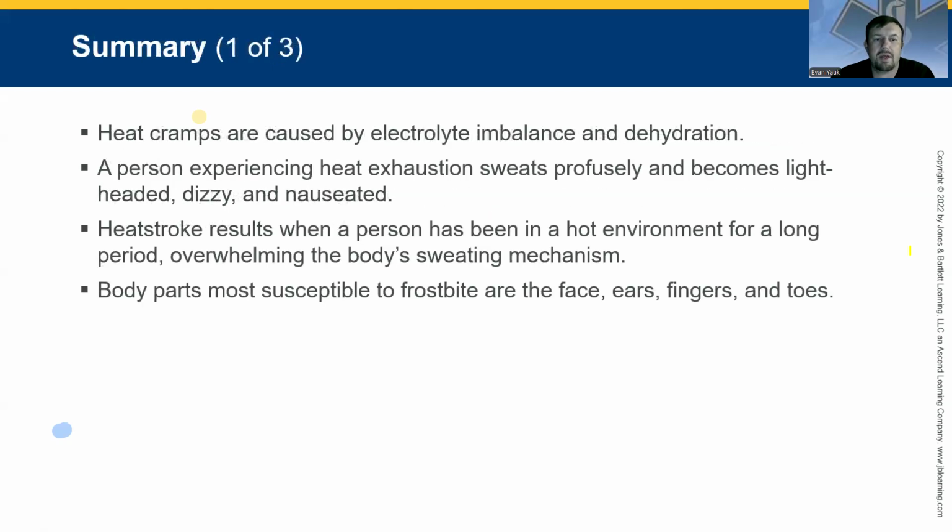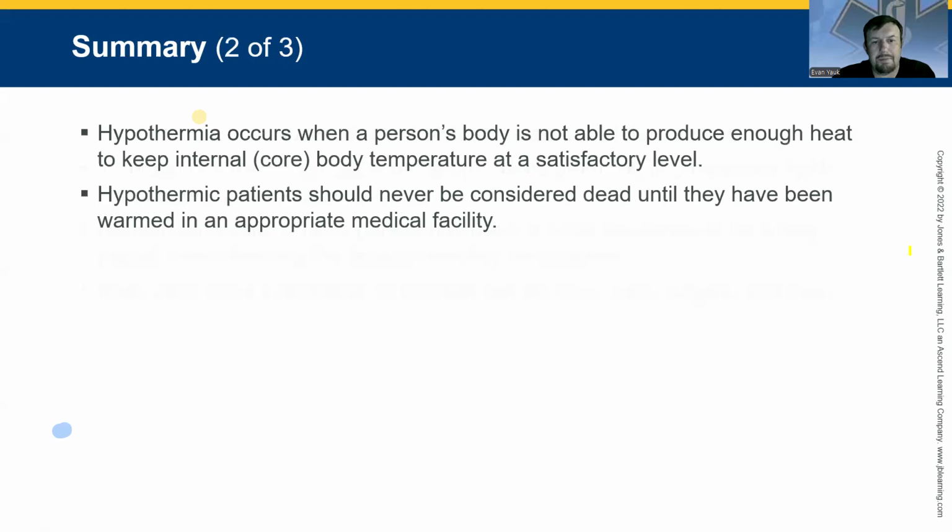So the summary, we kind of talked heat cramps, heat exhaustion, heat stroke, what parts of the body are most susceptible to cold, hypothermia, what it is. There's hypothermia and there's hyperthermia. So remember, hypo is low, hyper is high. They're not considered dead until they are warm and dead.